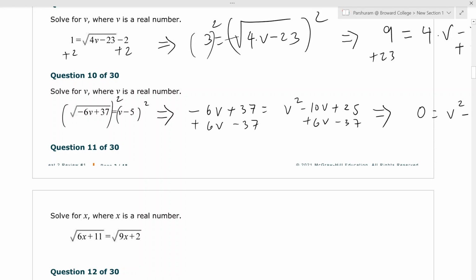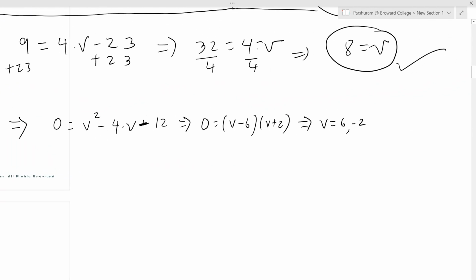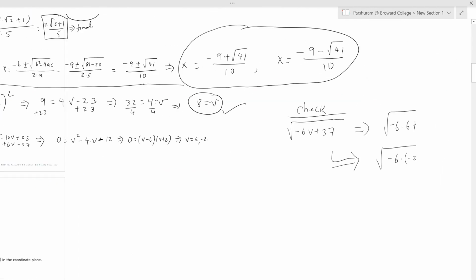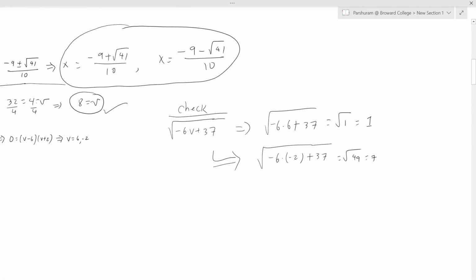So the first one is a valid solution. But the second one, if I put v equals negative 2 on the left side, it's supposed to be 7, but on the right side it becomes negative 7. So that gives us 7 equals negative 7, which is not true, because the second solution is not right.